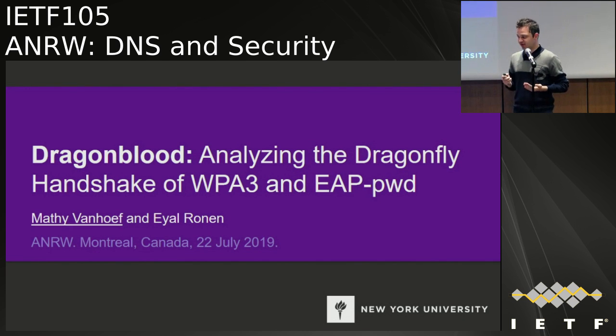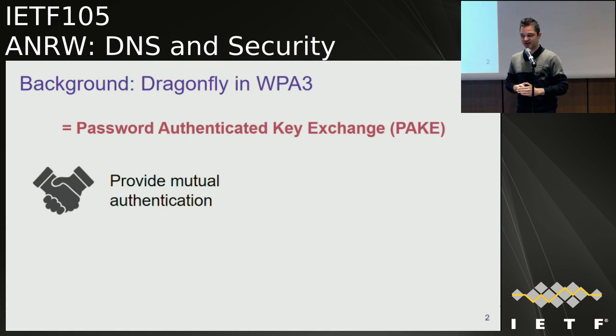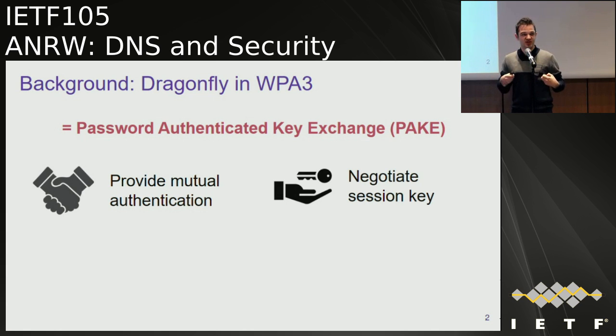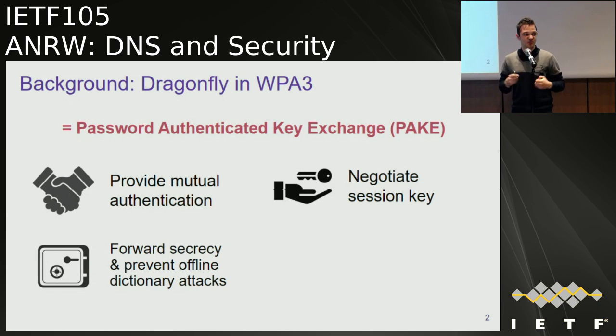To give a very quick background, Dragonfly is a password authenticated key exchange, which means it provides mutual authentication. It negotiates a session key, which you can, after the handshake, use to encrypt actual communications. And more importantly, it is a handshake that provides forward secrecy and defends against dictionary attacks.